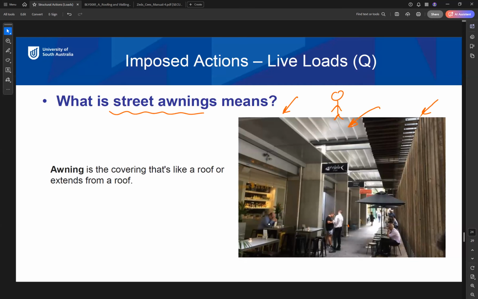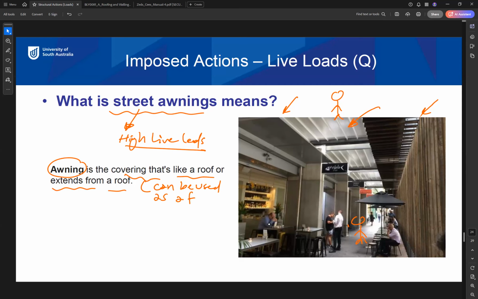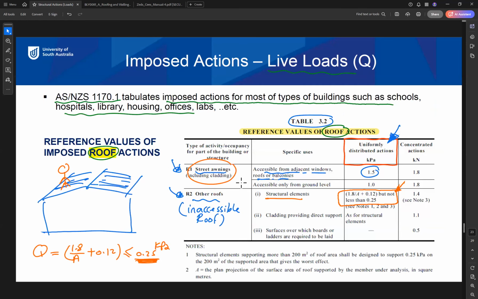So it is a roof for the people under it, and it is a floor for the people on top. So that's why the live load of a street awning is high, because it can be accessed. So awning means a covering like a roof or extended from a roof and can be used as a floor as well. This is just an explanation of the term, but we are not actually using it in our design or our course.